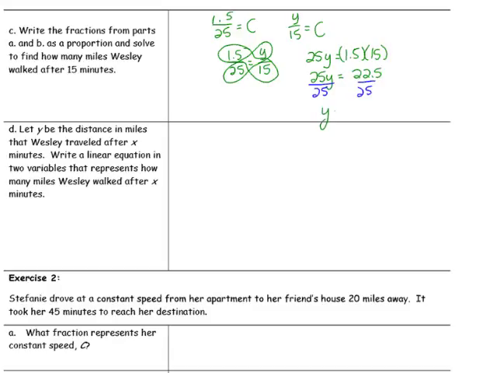That gives me a value of y of 0.9. That means Wesley walked 0.9 miles in 15 minutes.